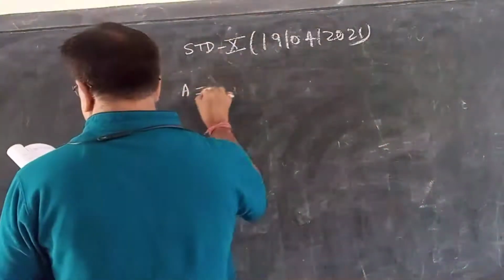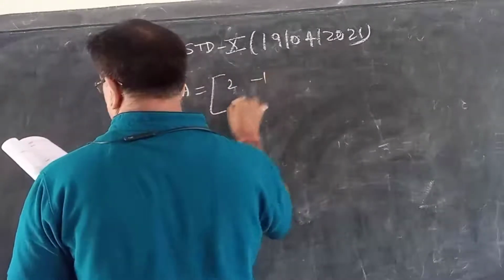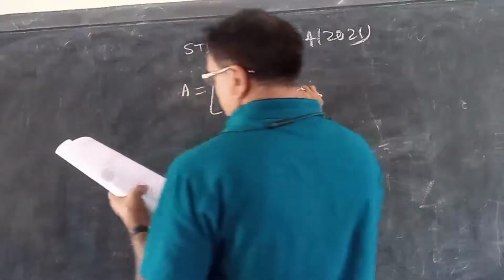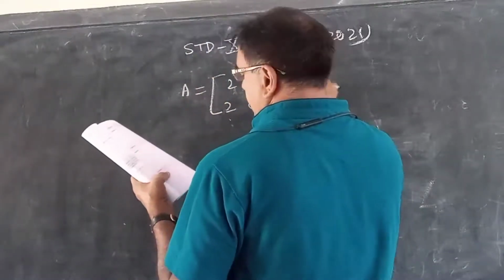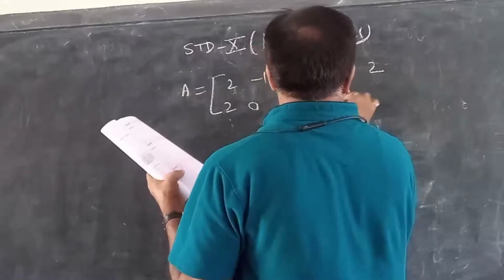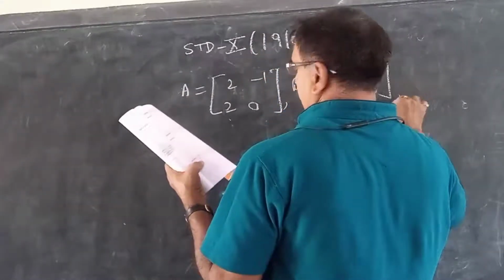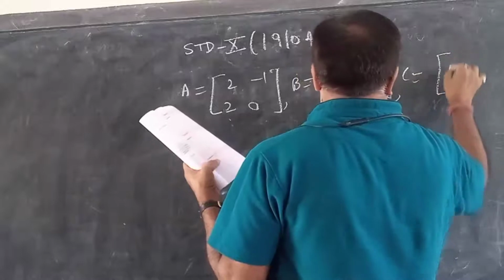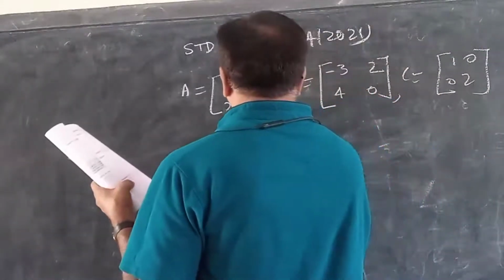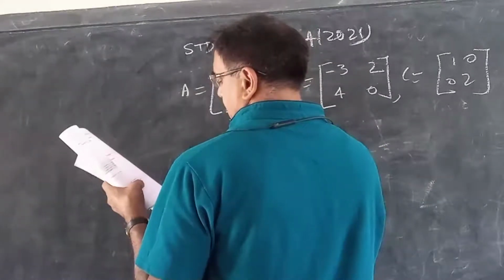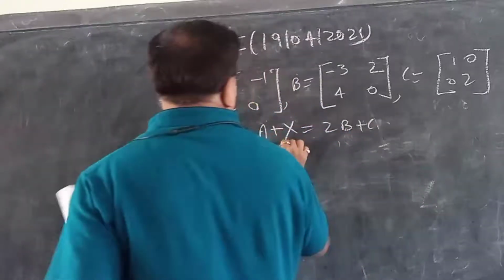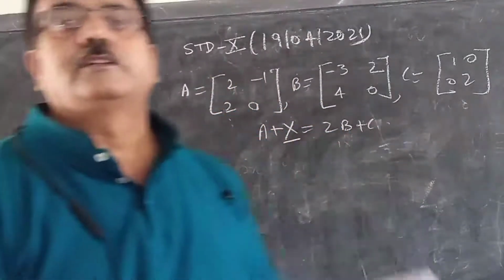A is equal to 2, minus 1, 2, 0. B is equal to minus 3, 2, 4, 0. And C is equal to 1, 0, 0, 2. Then we have to find A plus X is equal to 2B plus C. We have to find the matrix X. Right?